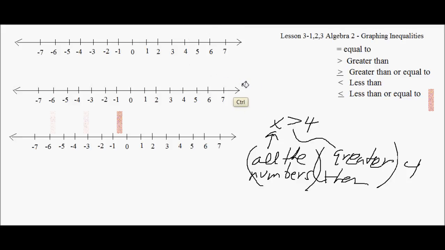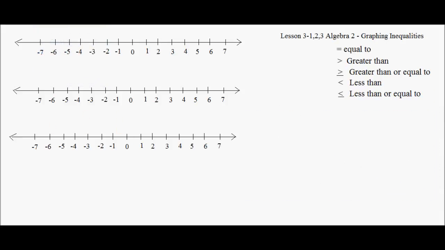Now, I want to reverse that and say, well, what if I had this? 4, the arrow pointing this way, and then an X. This confuses kids really badly.